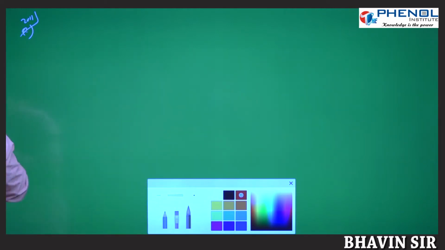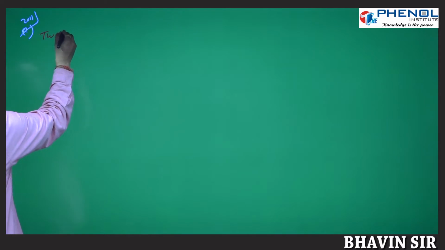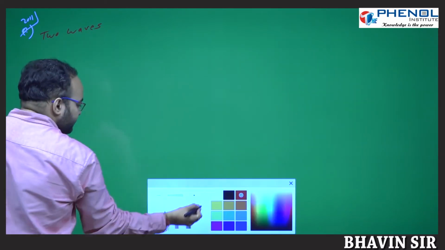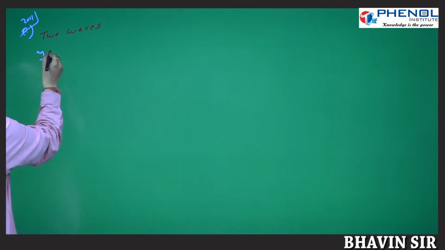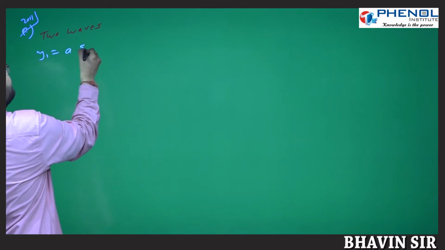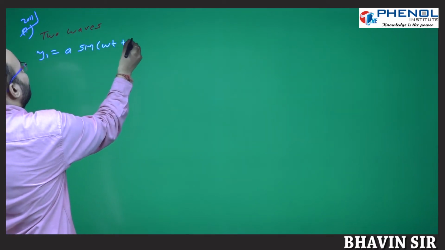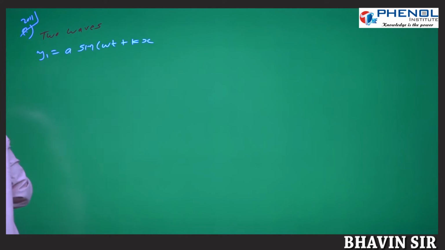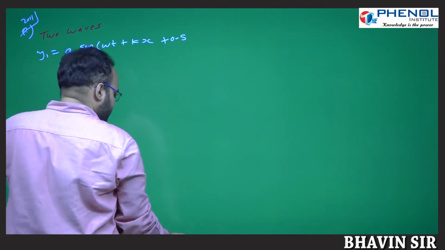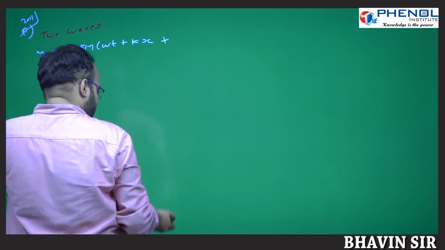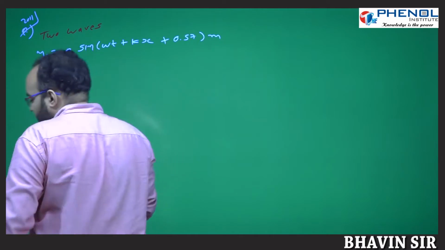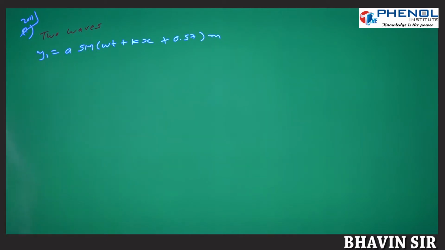See, for two waves, the equation of the first wave is A sine (omega t plus kx) plus 0.57 meter.